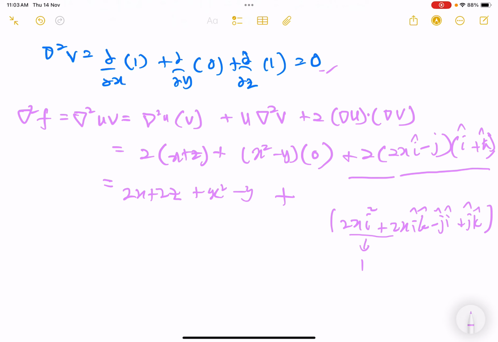If we expand, it doesn't solve anything, because we cannot combine this one with this one, because it has a component of I. So this one is a vector.